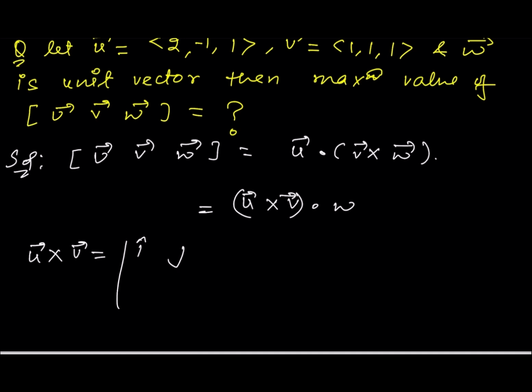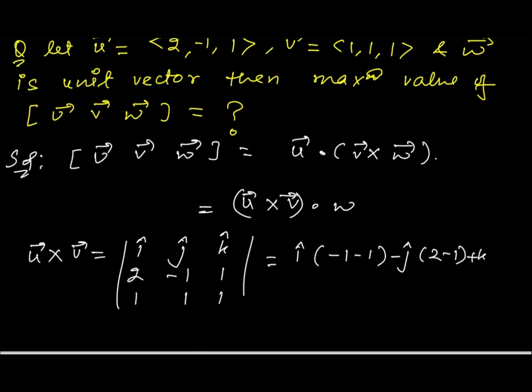Determinant of I, J, K, 2 minus 1 1, 1 1 1, which is I times minus 1, minus J times 2 minus 1, plus K times 2 plus 1. Okay, this is minus 2 I cap minus J cap plus 3 K cap.